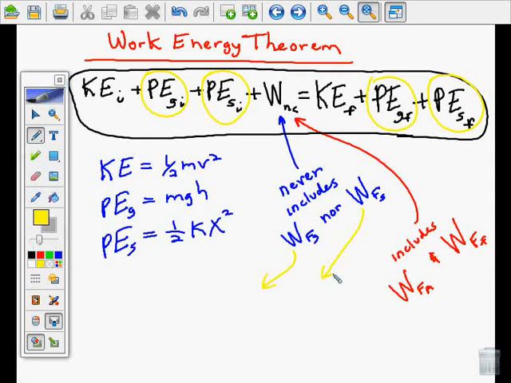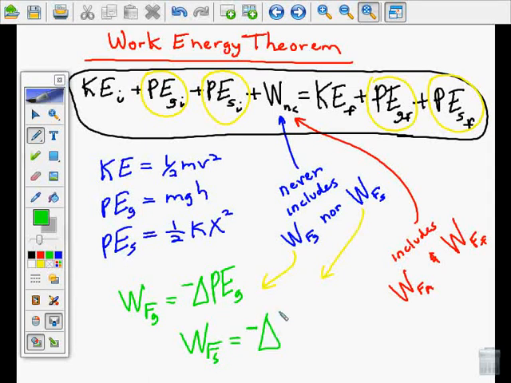So you need to remember that the work done by the force due to gravity is equal to the negative of the change in the potential energy due to gravity. And the work done by the force of the spring is equal to the negative of the change of the potential energy stored in the spring.